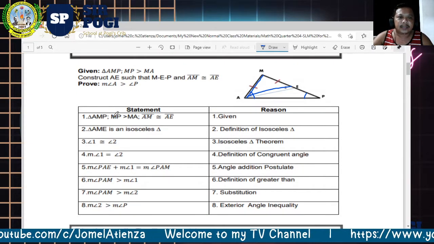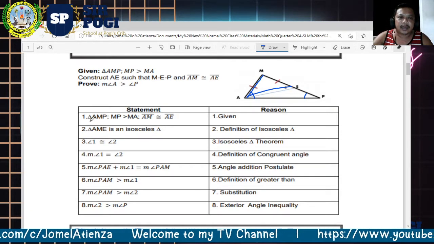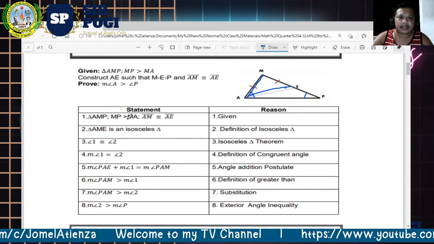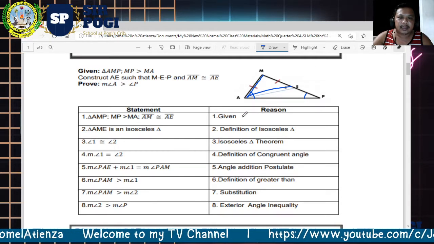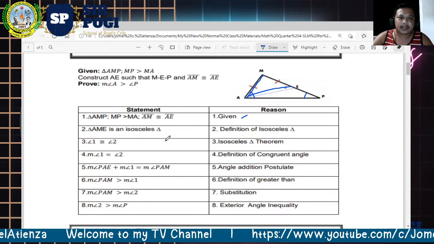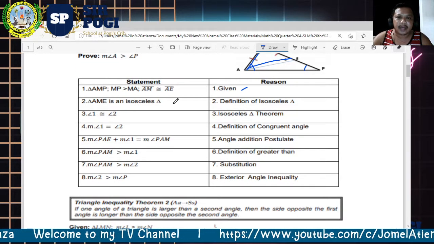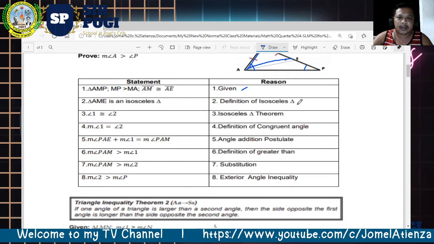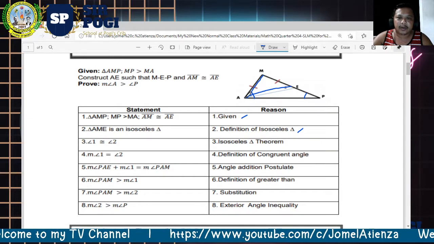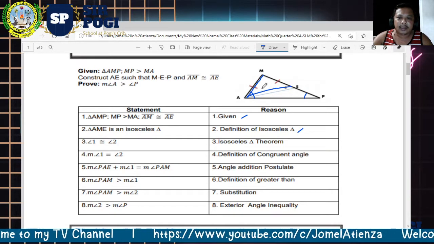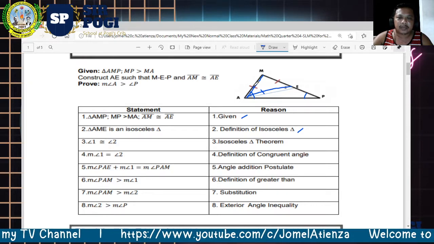Using the two-column proof, in triangle AMP, MP is greater than MA, and AM is congruent to AE, and that is given. So triangle AME is an isosceles triangle, by the definition of isosceles triangle, because AM and AE are congruent, so two sides are congruent.